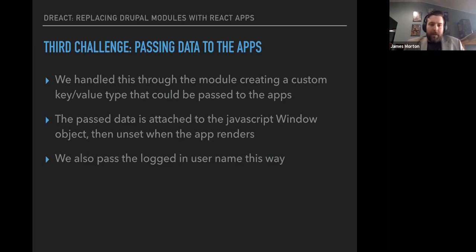We also passed in the logged in username this way. This brings up one of the possible future improvements to this application, since it would probably be better if we weren't passing it via the window object and passing it in another method, just so that it was a little less dependent on that.